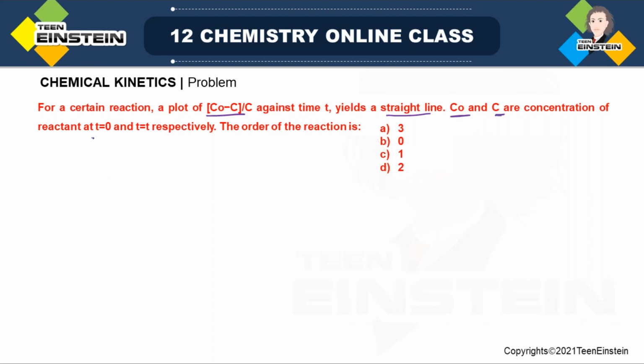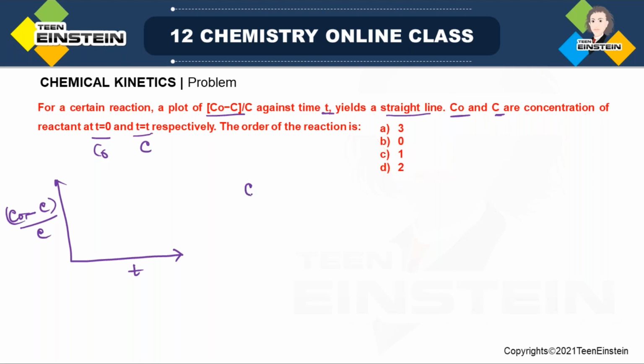C0 is the concentration when t is 0. C is the concentration when t is t. So here we are getting a straight line. We have taken time on the x-axis and (C0 minus C) divided by C on the y-axis, and the nature of the graph is a straight line.